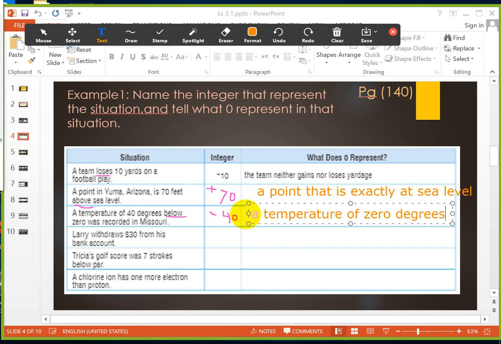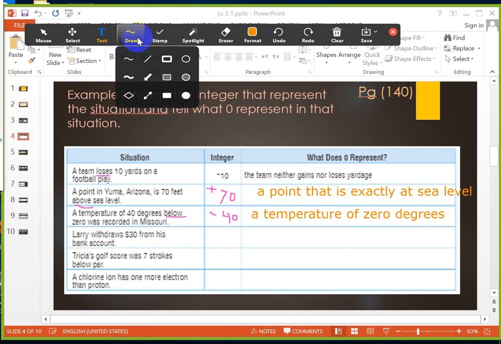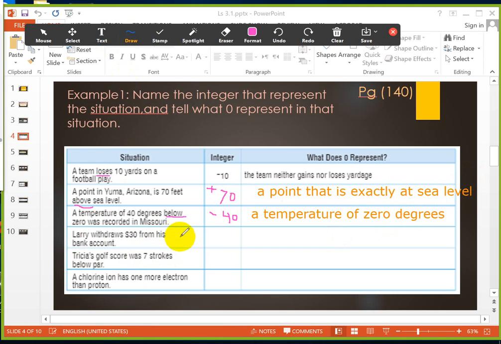So girls, the most important thing is to understand this table. This is an explanation for you. Now, Larry withdraws 30 from his bank account. What does that mean? Withdraws means what? Plus or minus?